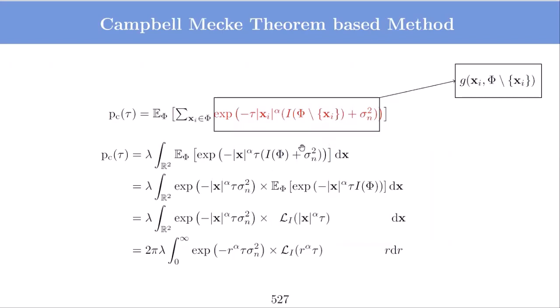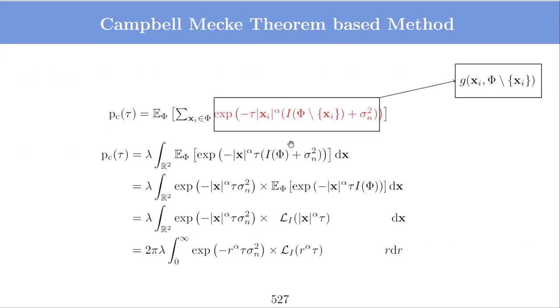So what is g(x, phi)? I'll just put x instead of xi, and phi instead of this. So I get the expectation of the exponential of minus x to the power alpha tau (I phi plus sigma square) dx.